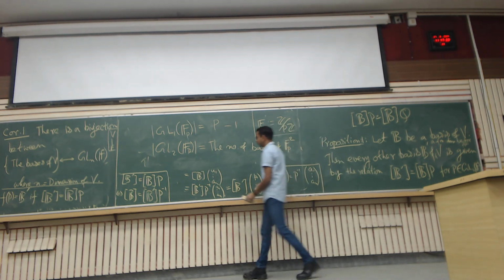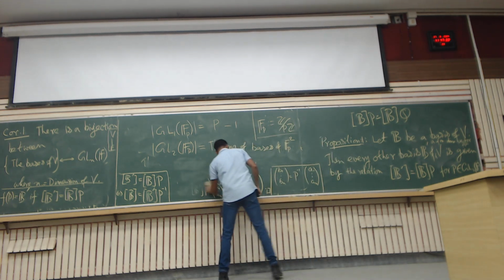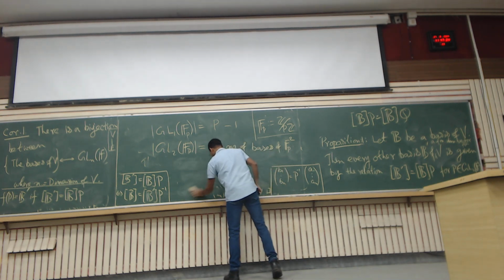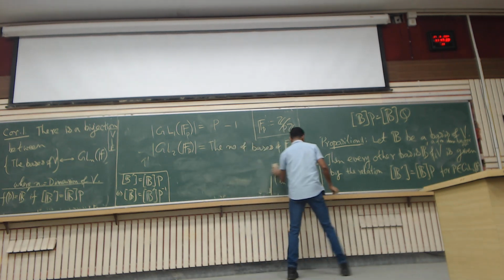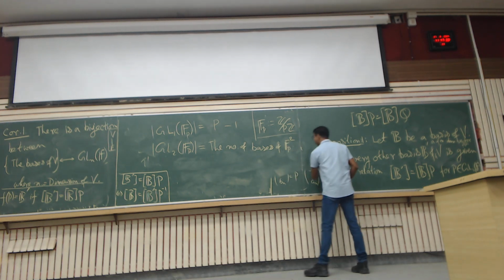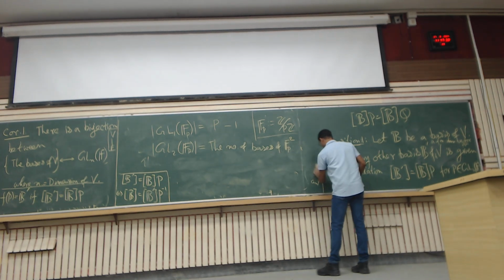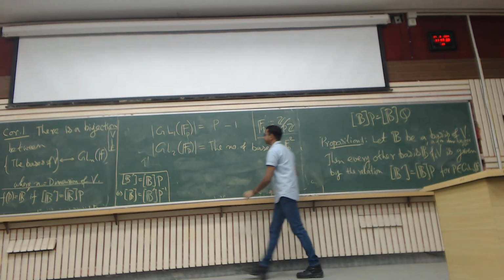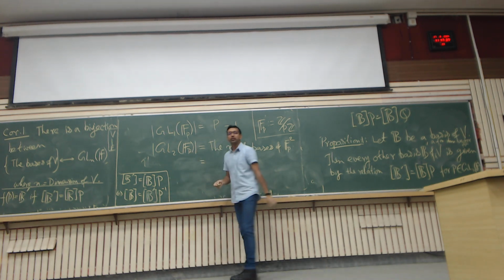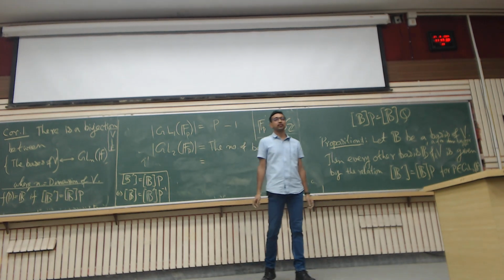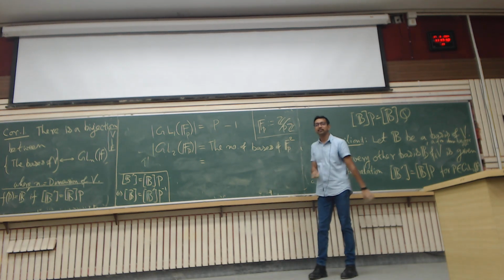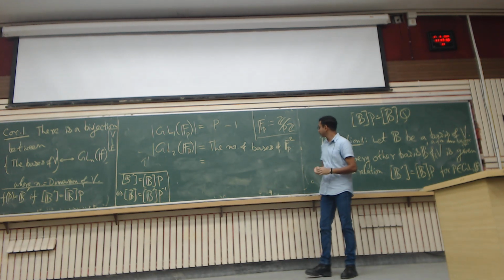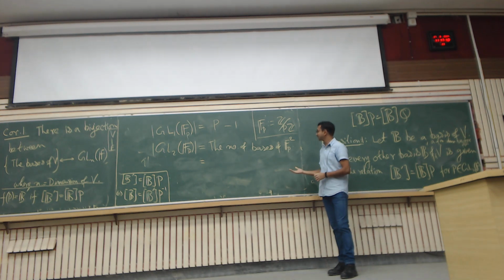All you have to figure out is how many different bases you could get in FP squared. That's an easy task. So how many elements should be in the basis of FP squared? Two elements, right? Because it's two-dimensional. The one standard basis is just the columns of the identity matrix, right?